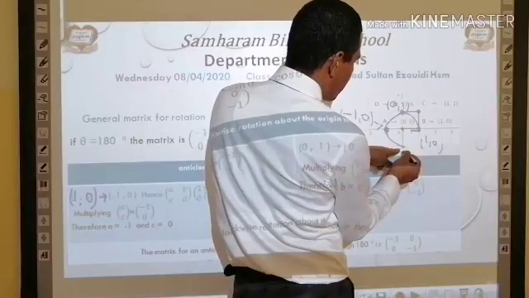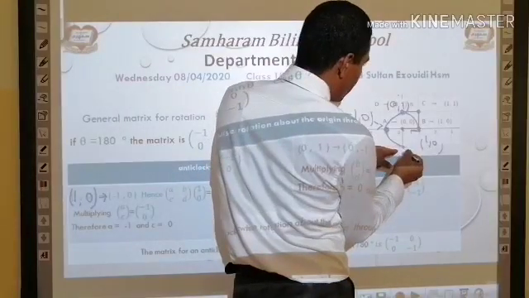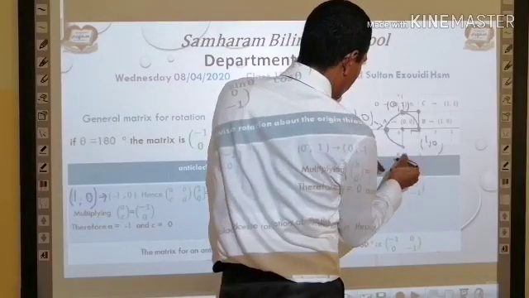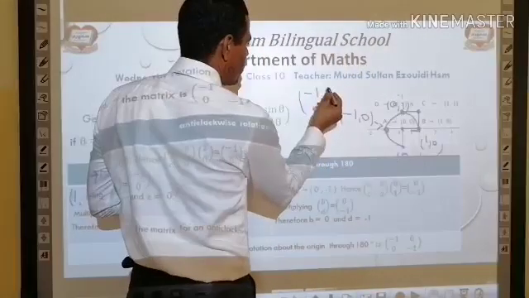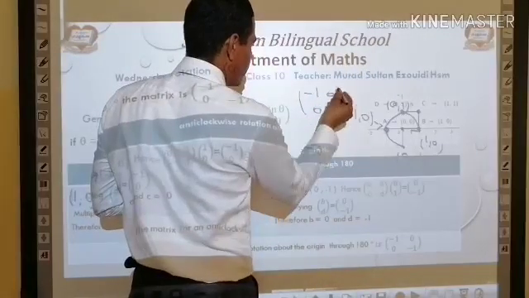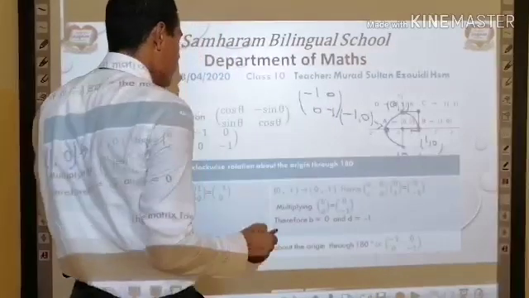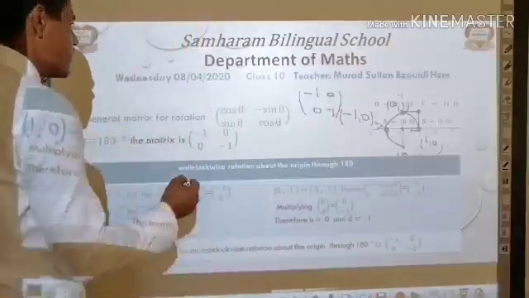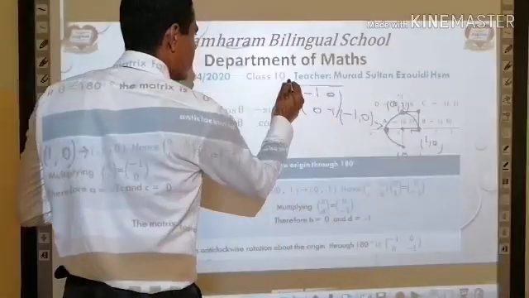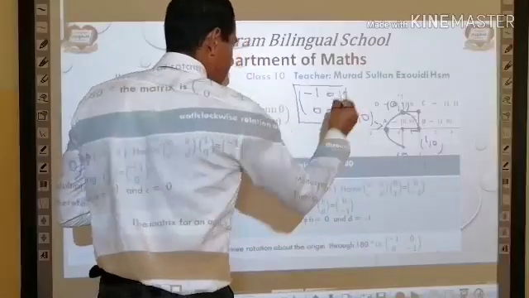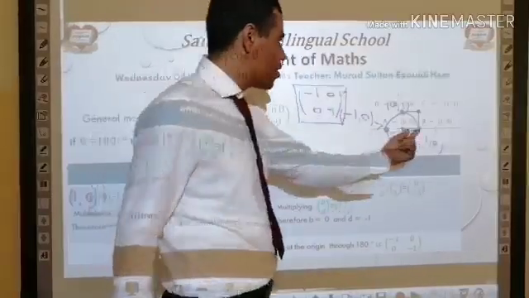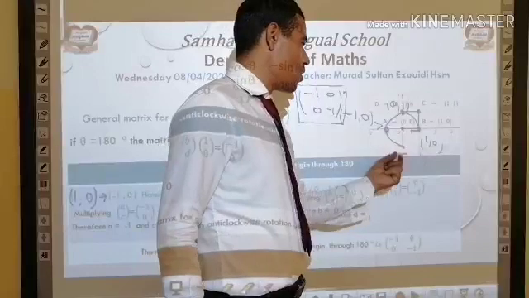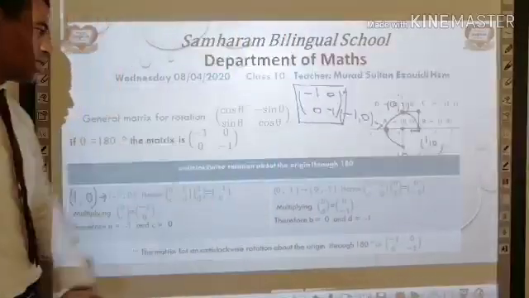To the point with coordinates 0, negative 1. So the second column vector is 0, negative 1. You can see that this is my matrix that transforms this point to its image and that point to its image.